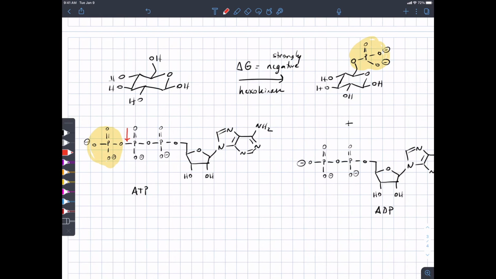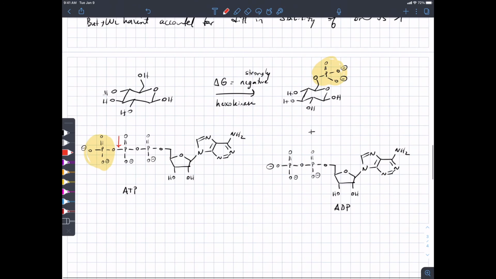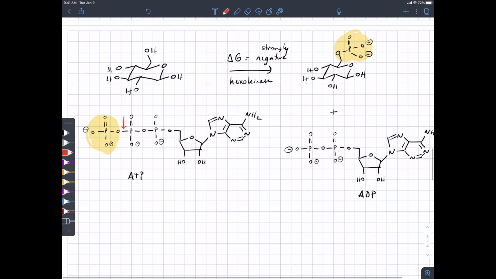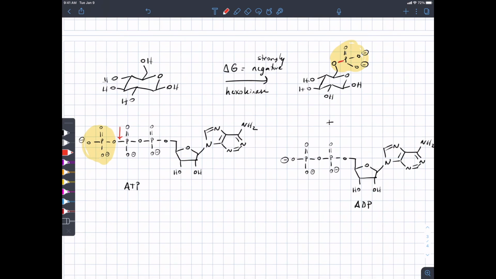Okay, so then you've heard ATP is the molecule that carries energy around your body. How does this work? And the answer has to do with the stability of the bonds you form in a process versus the bonds that you broke. So the bond that replaces the one that we broke in ATP is this oxygen-phosphorus bond.